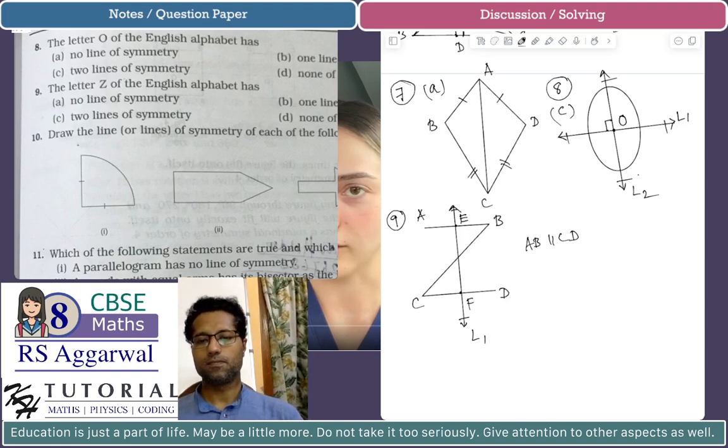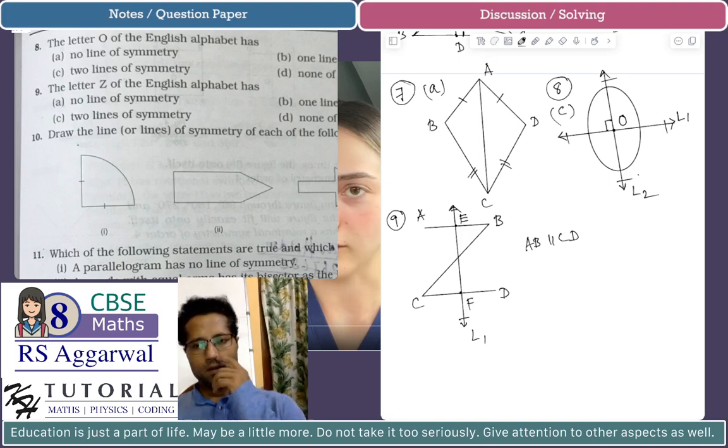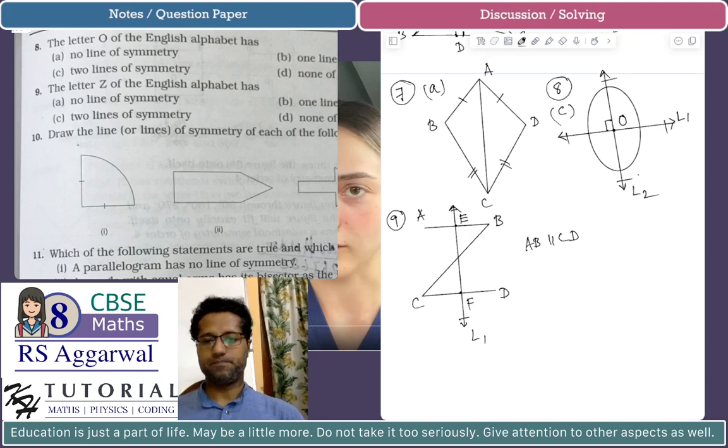No, I don't think so. Let me see. Now a letter Z, what is the shape of the part of the letter Z to the right hand side of the line L1?